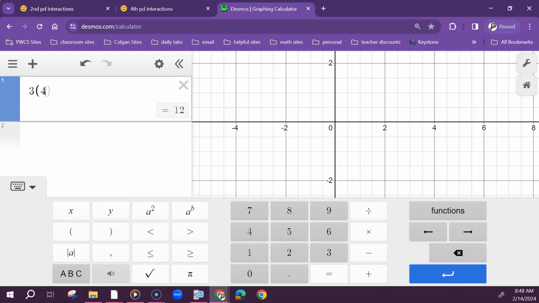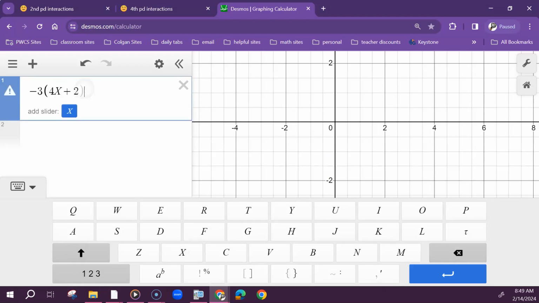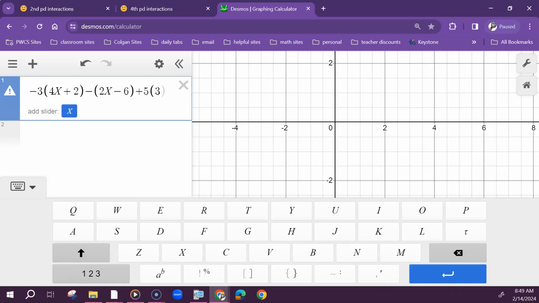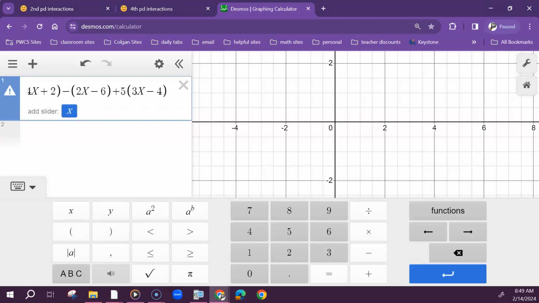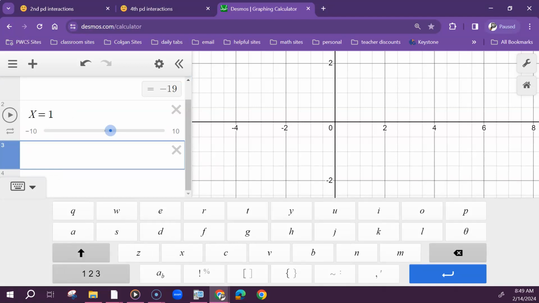So for those that don't, or those that did, I added a slider and just changed the value, but then also put in the expression we just found.